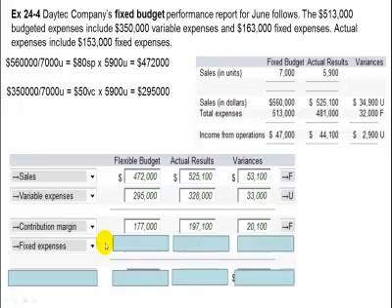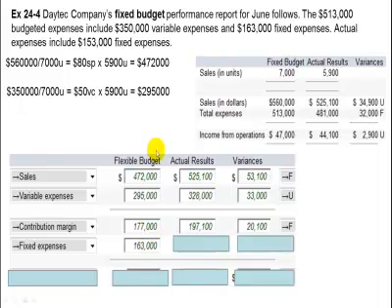Fixed costs are next. The fixed cost under the flexible budget should be $163,000 because of this total, 163 was fixed, and it doesn't matter what unit sales we're at because fixed costs are fixed costs. So regardless of what the units sold were, the fixed costs are going to stay the same.